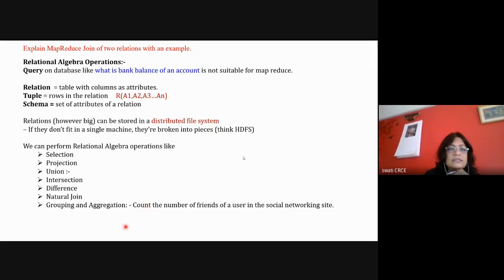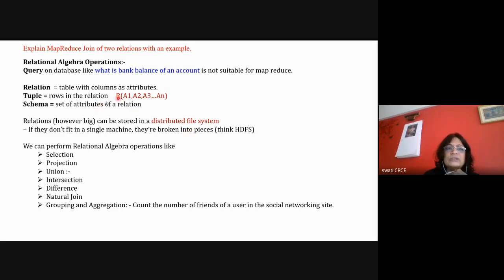So let's summarize this. What I'm trying to tell you in this particular slide is that you can store the tables of your database systems in the form of a file on the distributed file system, and your entire database can be divided into multiple chunks. And how is it stored? It is stored in the form of a relation.